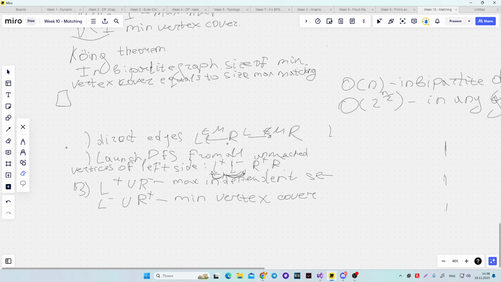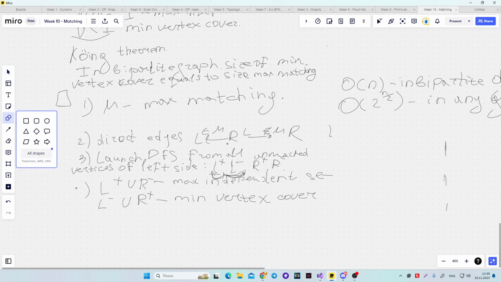So we find a maximum matching using Kuhn's algorithm, because the graph is bipartite. Then we direct edges, then we launch the DFS, and we just get this.